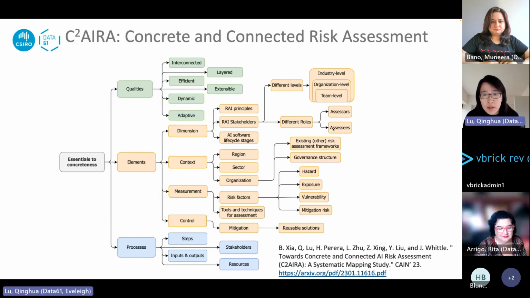And we started our work from a mapping study of all the existing risk assessment frameworks, to try to understand the gaps in this area. We identified that one of the major problems is the lack of concrete and connected methods for assessing AI system risk.